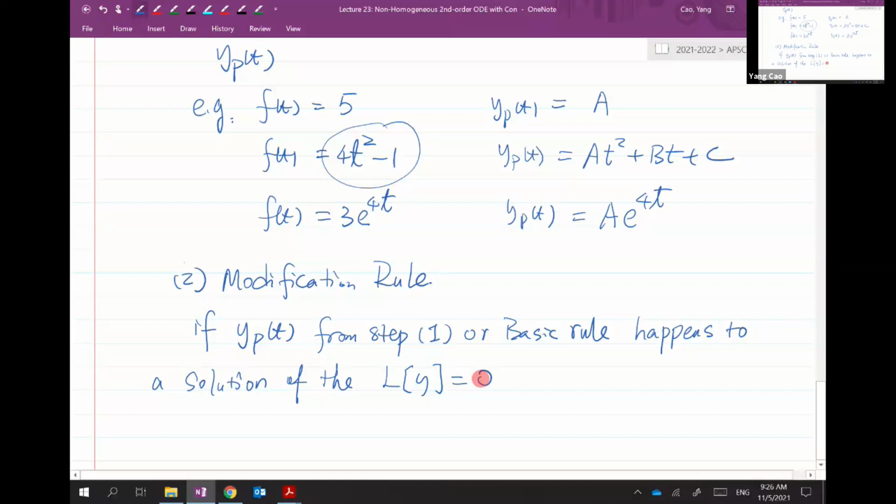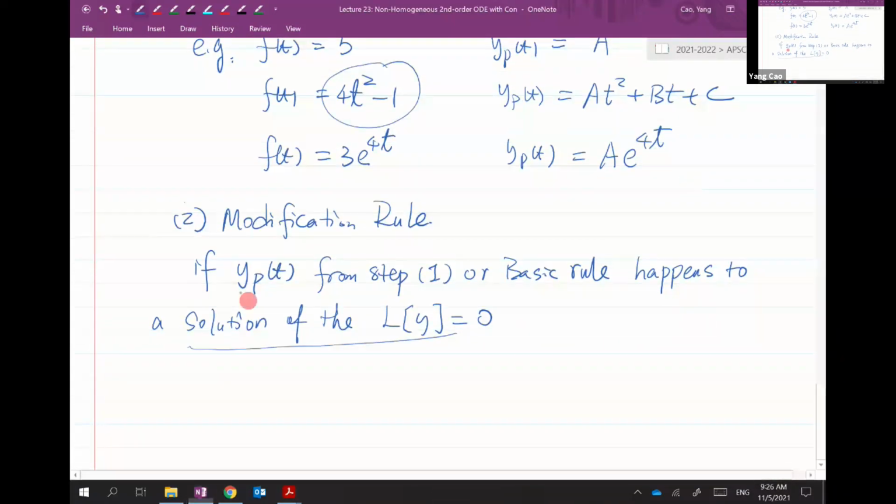You construct the characteristic equation first, then solve for lambda, then construct y1 and y2 based on the two lambdas. So there are 2 solutions for the homogeneous ODE, and you construct the general solution using C1 y1 plus C2 y2. The question is, it's very possible that the yp of t you pick from basic rule number 1 happens to be the same as a solution of the homogeneous one. Then we have to apply the modification rule.